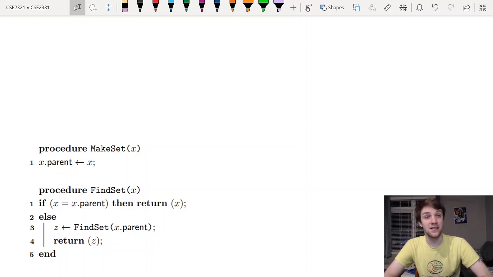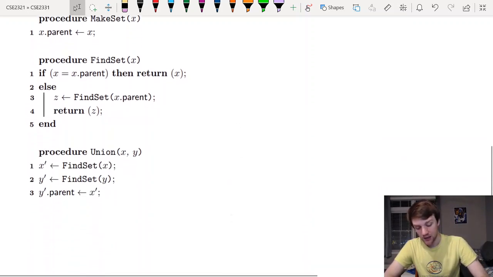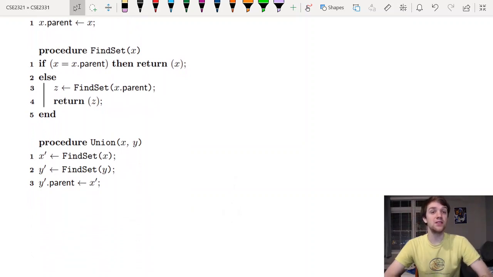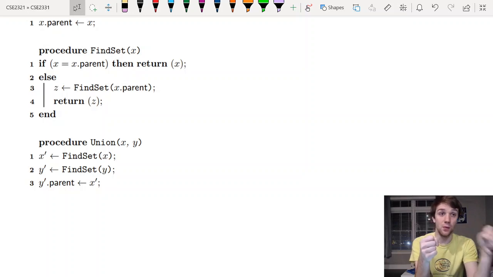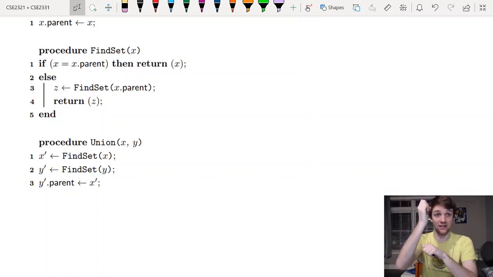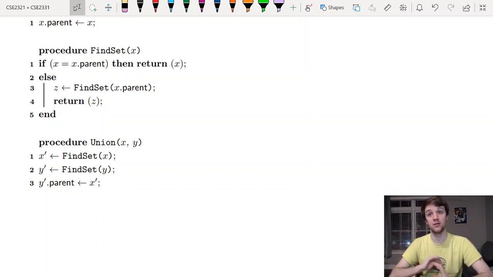To find the set, we find the root of the tree, which is the node whose parent is itself. So that's pretty straightforward. And for union, what we're going to do is find the root of the tree for x and the root of the tree for y, and then attach the root of y to the root of x, just like we saw above.